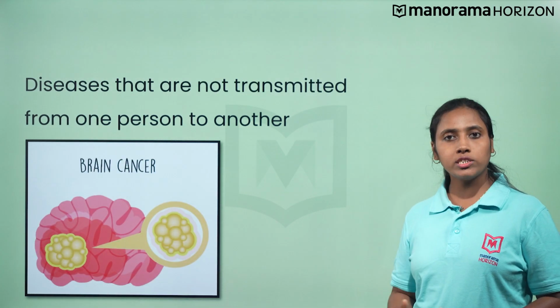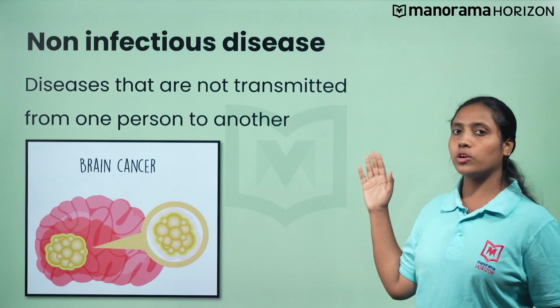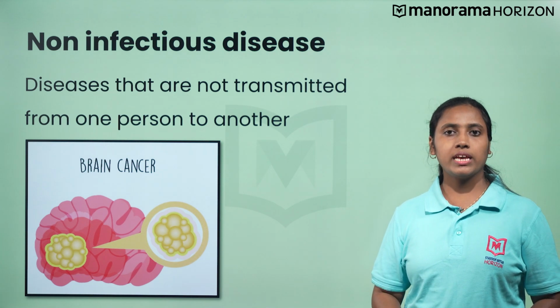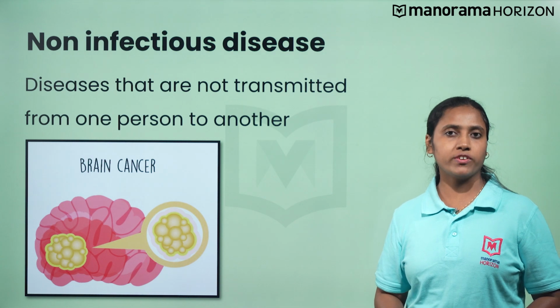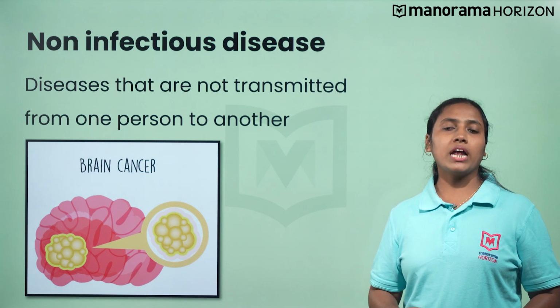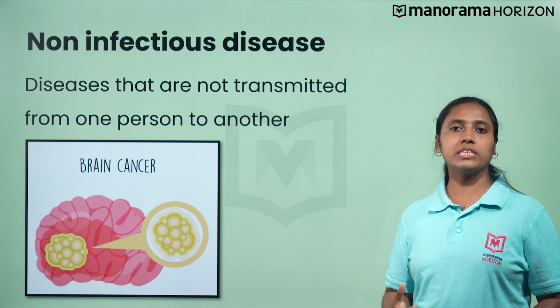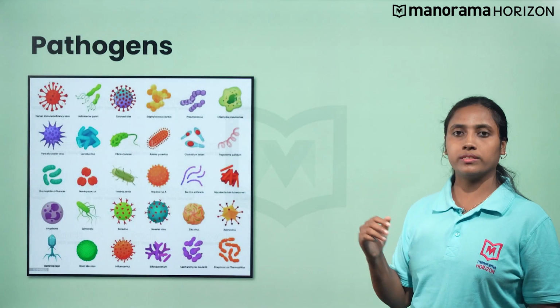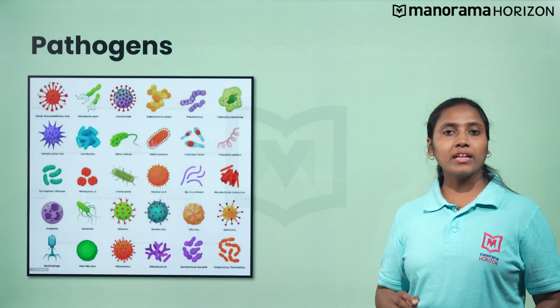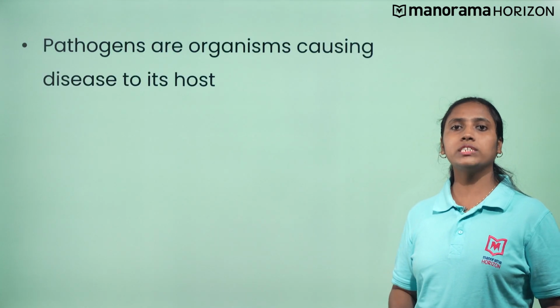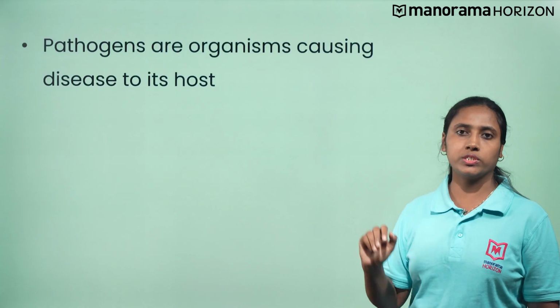Diseases that are not transmitted are called non-infectious disease. Examples include cancer, which is a non-infectious disease. Another common term related to diseases are pathogens. What are pathogens? Pathogens are organisms causing disease to its host.